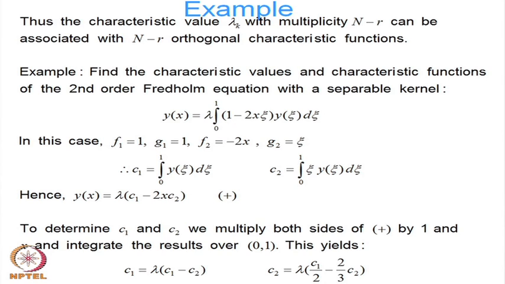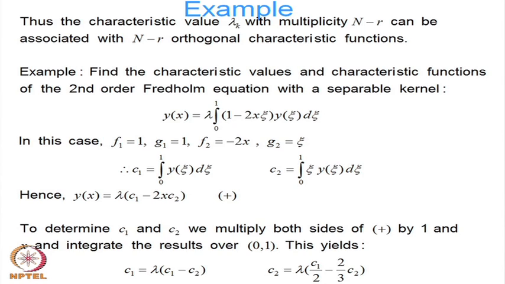So, I can think of 1 as comprising a function f1 and a g1, with both equal to 1, that gives me the first term. For the second term, if I consider the x dependence to be equal to minus 2x, and the xi dependence to be xi, I have minus 2x xi.